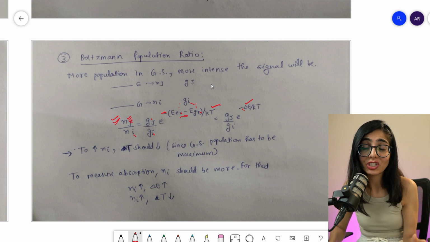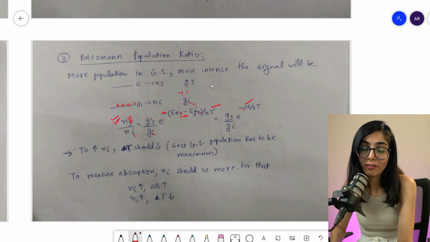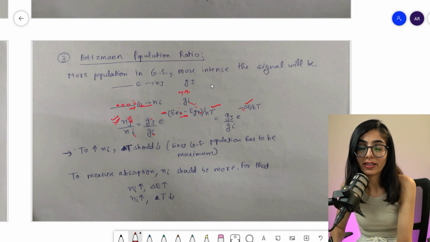In an examination there can be a question: if there is more population in the ground state, what will happen if temperature increases? Will it increase or decrease? The ground state population, will it increase or decrease with a rise in temperature or with the energy difference? If I increase the energy difference, what will happen to the nuclei present in the ground state? These questions can all be asked.